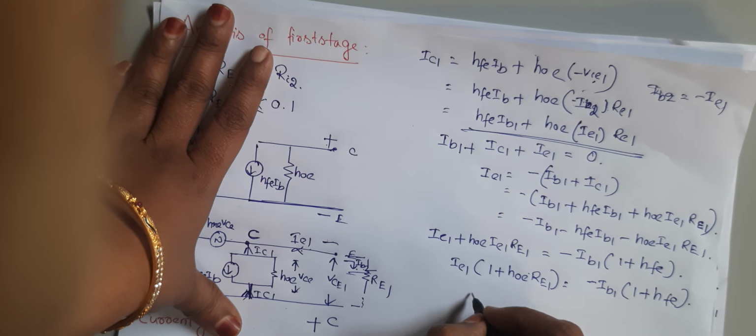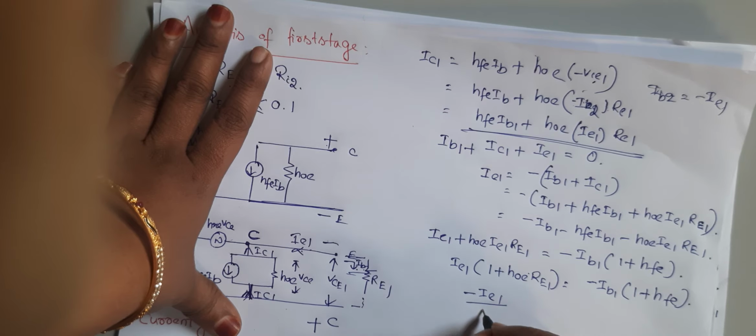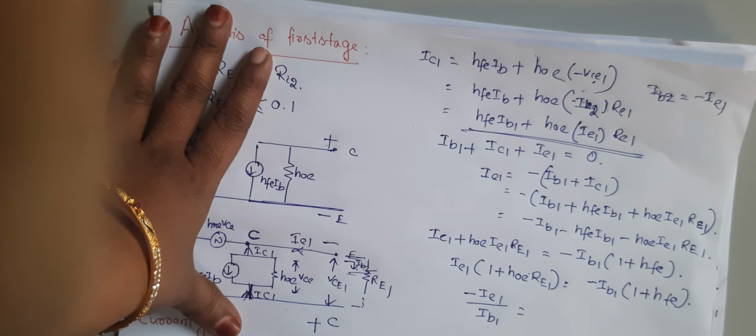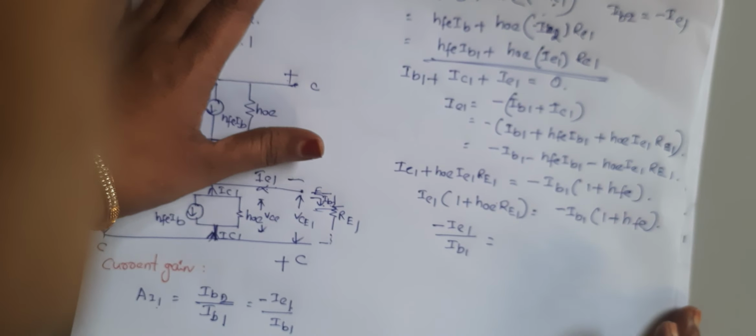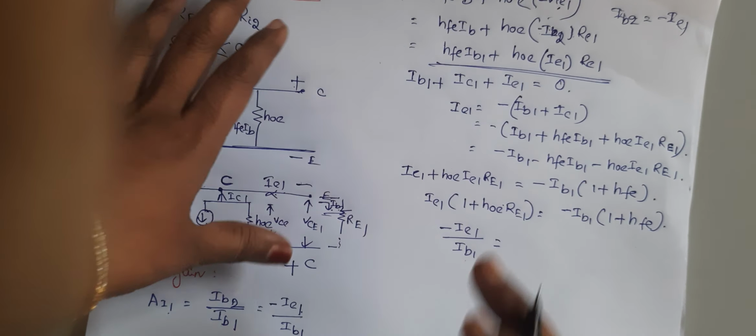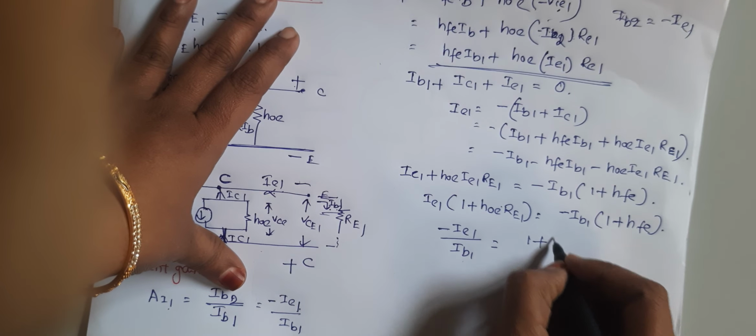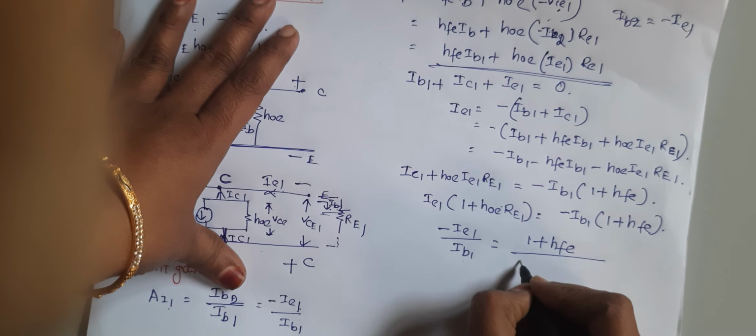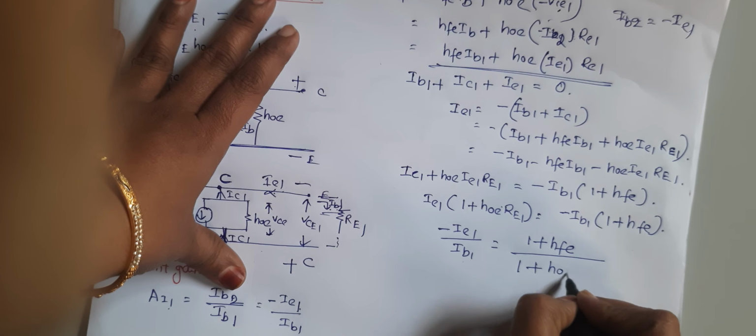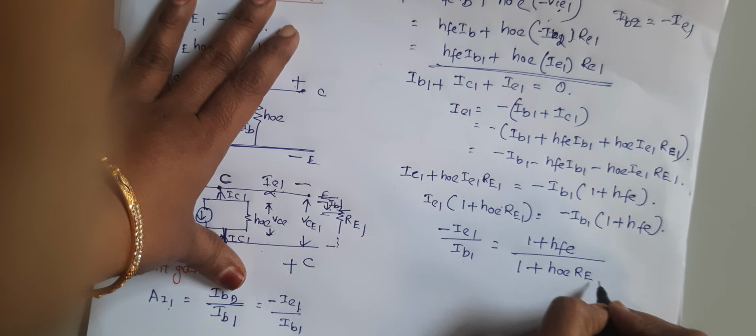So from this, minus IE1 by IB1 is equal to 1 plus HFE by 1 plus HOE RE1.